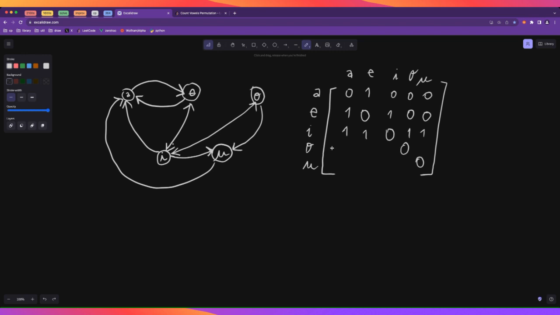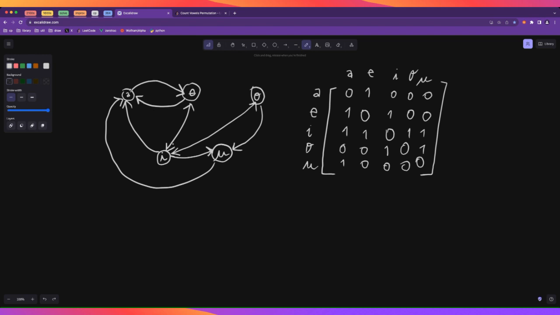I'm doing this again just to make sure that we are understanding the problem. O goes to I or U, and U only goes to A. So this is the corresponding matrix.